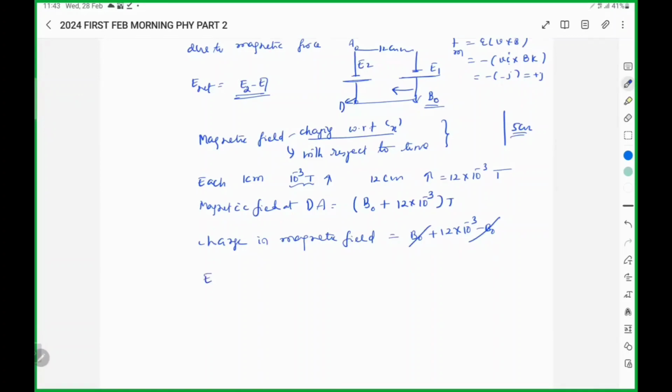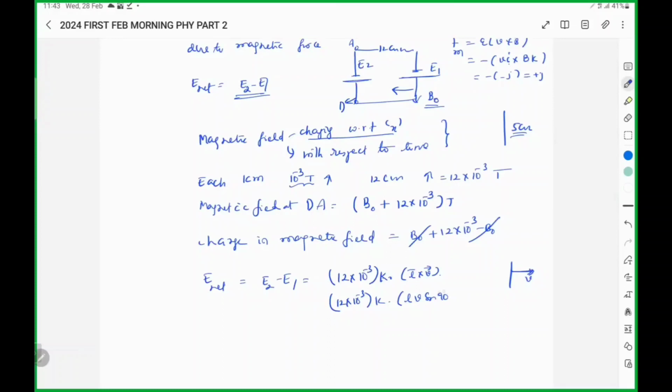So that net EMF, E2 minus E1, is B dot L cross V. Here L is length of the conductor. 12 into 10 power minus 3 LV, because conductor and V are mutually perpendicular.